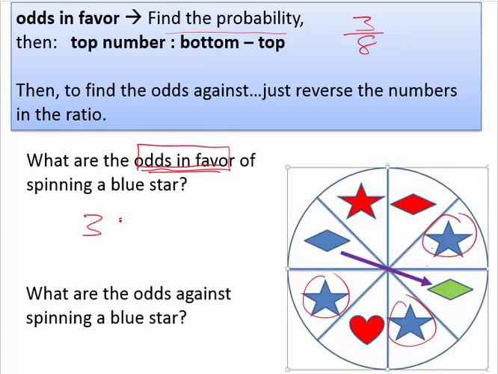It's simply 3 to 5. The 3 is our top number, and this 5 came from 8 minus 3, the bottom minus the top. So what are the odds against spinning a blue star? It's 5 to 3. For any of you that have seen horse races on TV, or have taken part in horse races, they do odds against when you do horse races. So if you see that some horse has 7 to 2 odds, that's 7 to 2 against the horse winning.